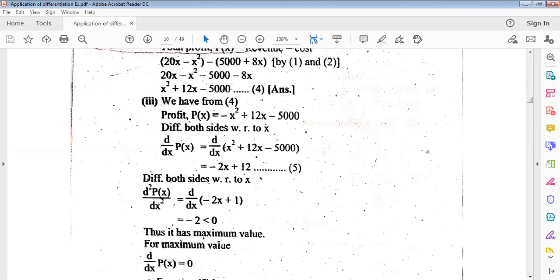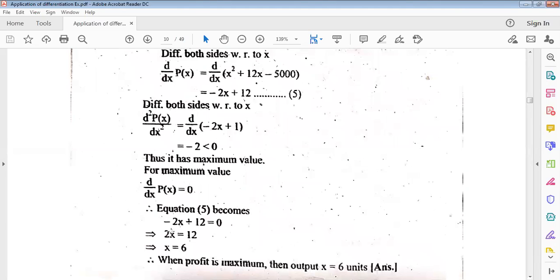To find the value, we take the first derivative equal to 0: minus 2x plus 12 equals 0. Therefore x equals 6. At x equals 6, the profit is maximum.